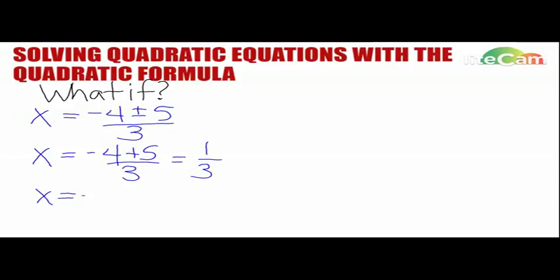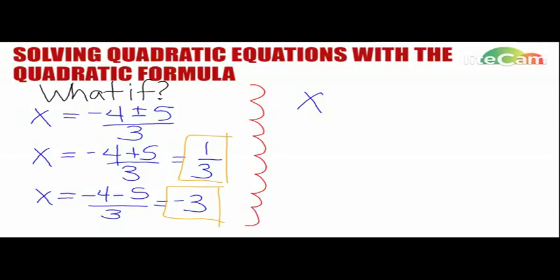First, I'm going to do the plus, which is negative 4 plus 5 divided by 3. And then I'm going to do the minus, which is negative 4 minus 5 divided by 3, which ended up being a negative 9. So for the first one, I got 1/3, and for the second one, I get negative 3. In this case, I do end up with two real solutions.